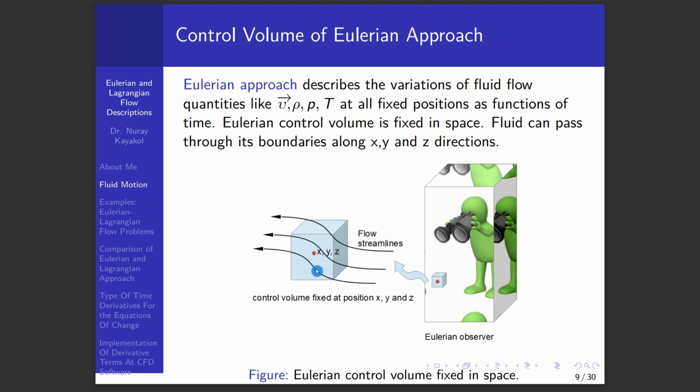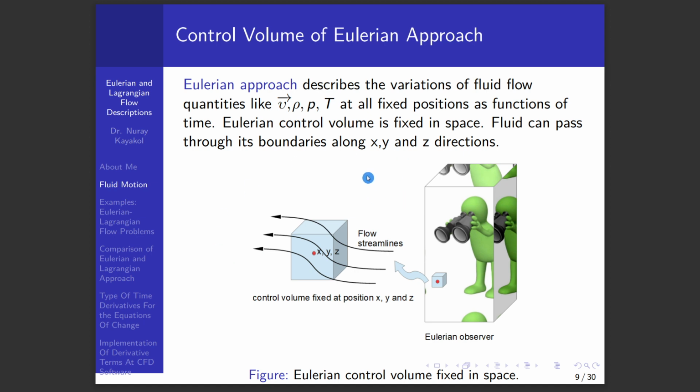You already have many control volumes, so each point is placed in a control volume, so flow enters at different coordinates. Flow moves through this control volume.